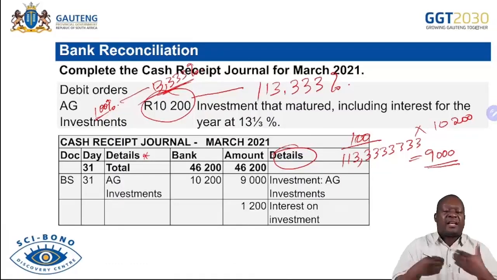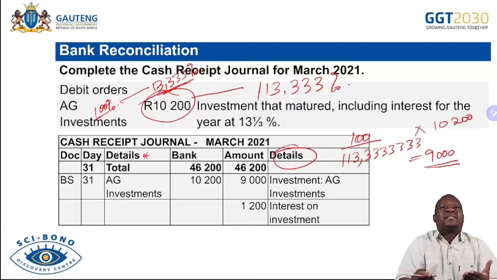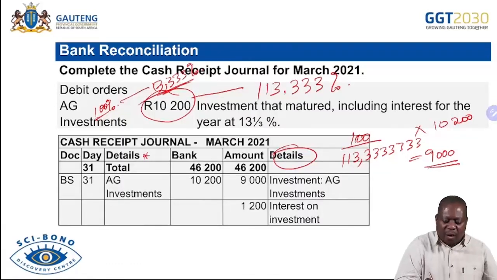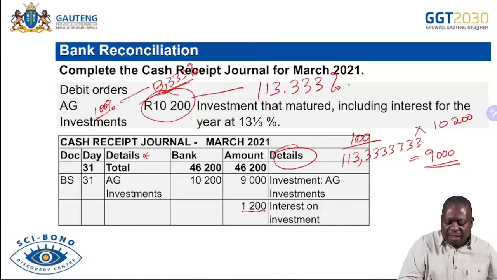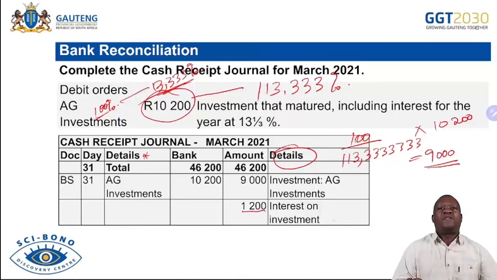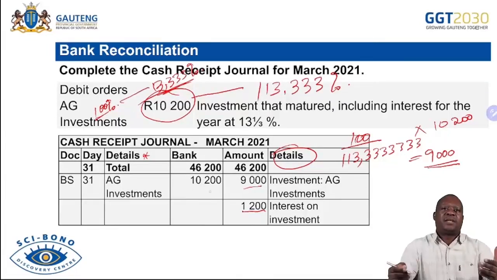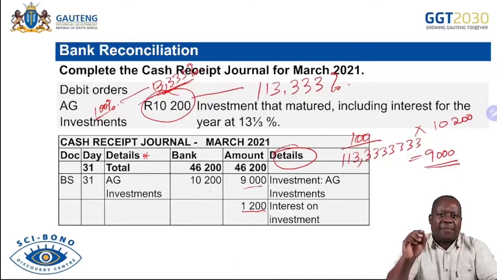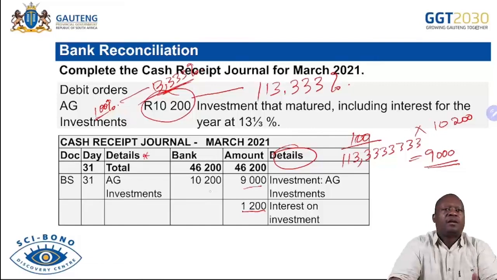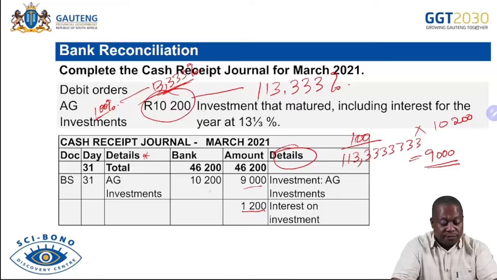So that's the money that we invested and it's coming back. And what about the 1,200? This is interest on investment. So we have managed to separate the two now. Of course, we are receiving 10,200, but what is the 10,200 for? 9,000 is for an investment that we are getting back, and 1,200 is for interest on that investment.